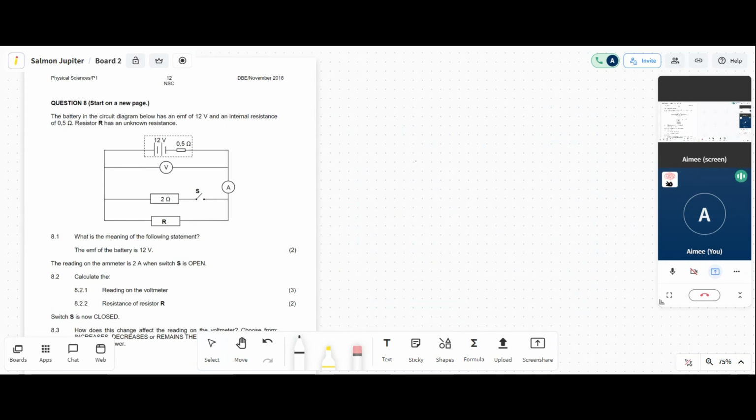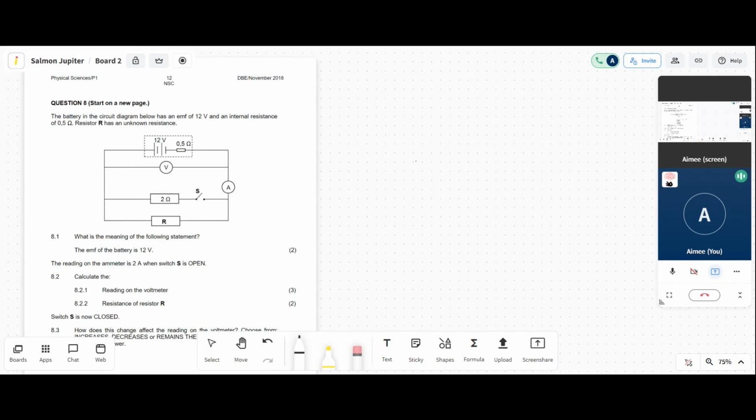Okay, that statement means that the battery is able to supply 12 joules per coulomb to the circuit. Or it means that the greatest potential difference that can be generated by the battery is 12 volts. The total amount of electric energy supplied by the battery per coulomb unit charge is 12 joules.